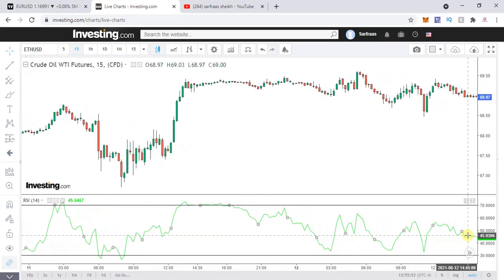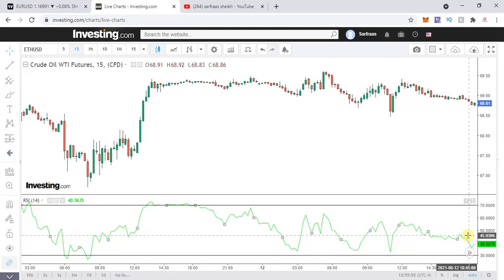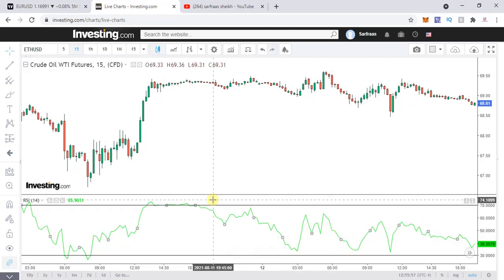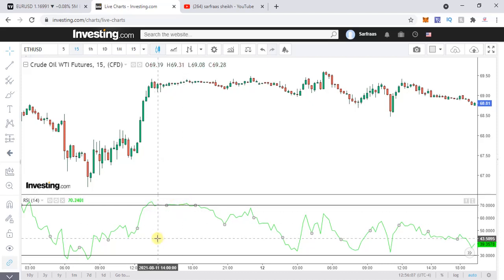Another point to remember is that although we may call it an overbought or oversold zone, sometimes the markets can remain in an overbought or oversold zone for quite some time. So it's not necessary that the moment the stock or the crypto or the forex pair which you're trading has moved into the oversold or overbought zone, there's straight away going to be a change.